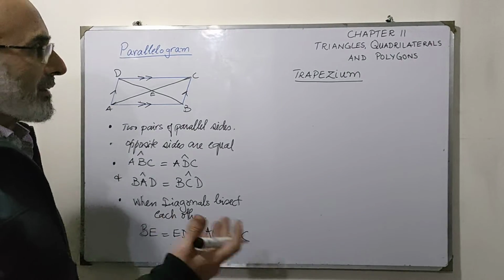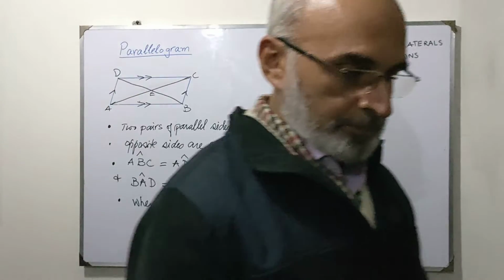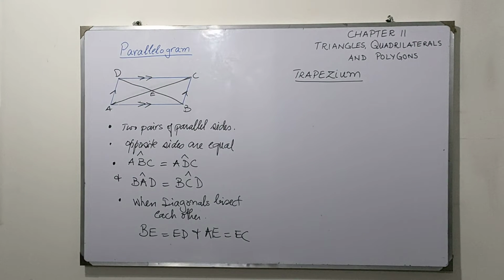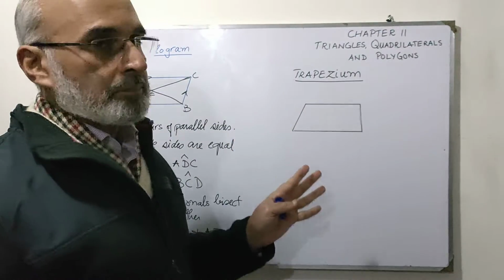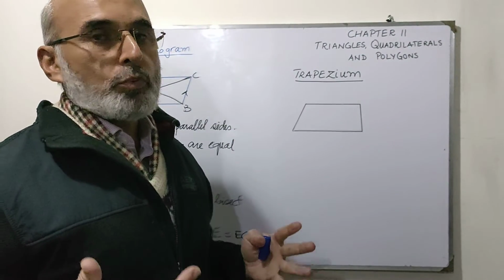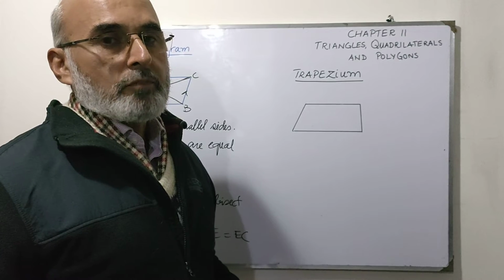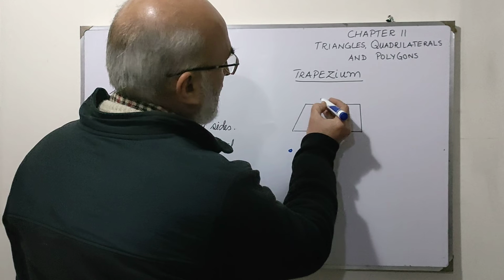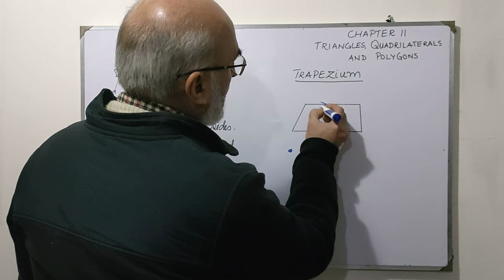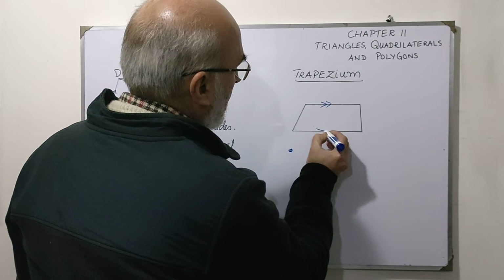And now let's discuss a trapezium. So I have a trapezium here, and for the trapezium, the property which we will be interested in is only one property, one pair of parallel sides.